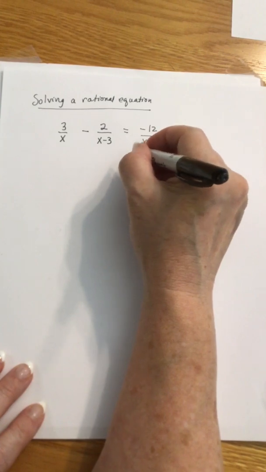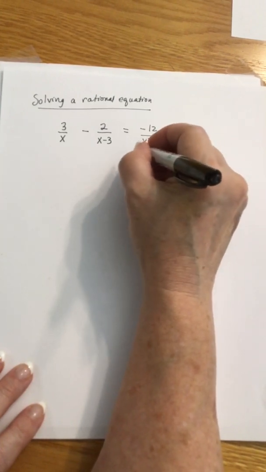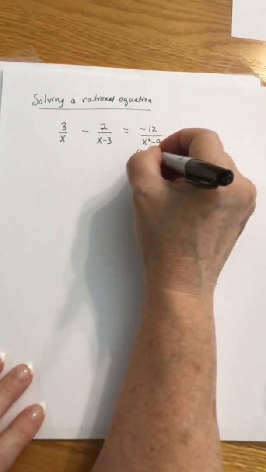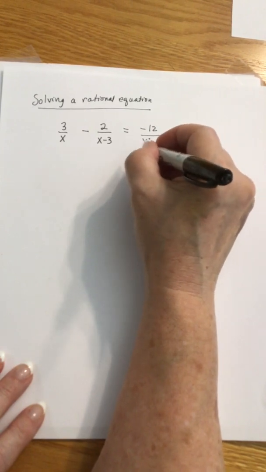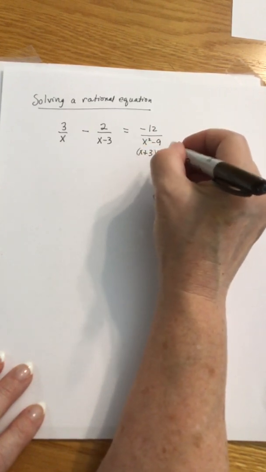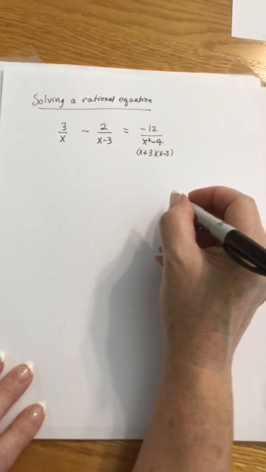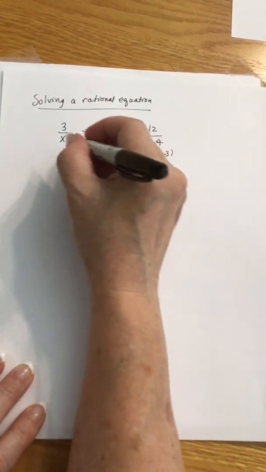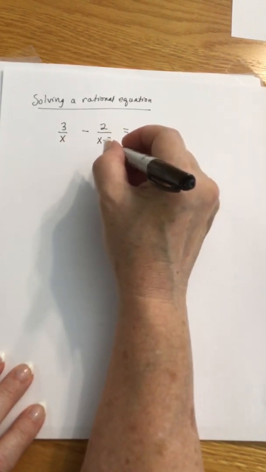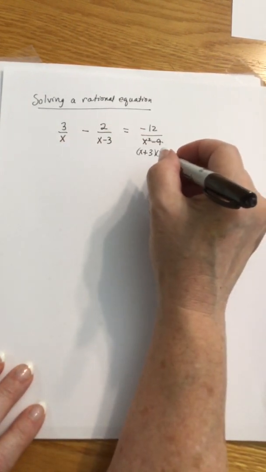So I'm going to factor this one, the difference of two squares, x and x, 3 and 3. Since it's a negative 9, one's got to be positive and one's got to be negative. So you can see that on this one, we're going to need an x, we're going to need an x minus 3, and we're also going to need an x plus 3.